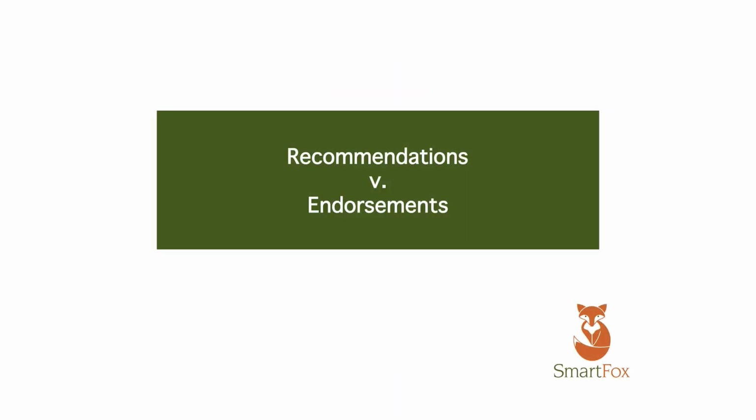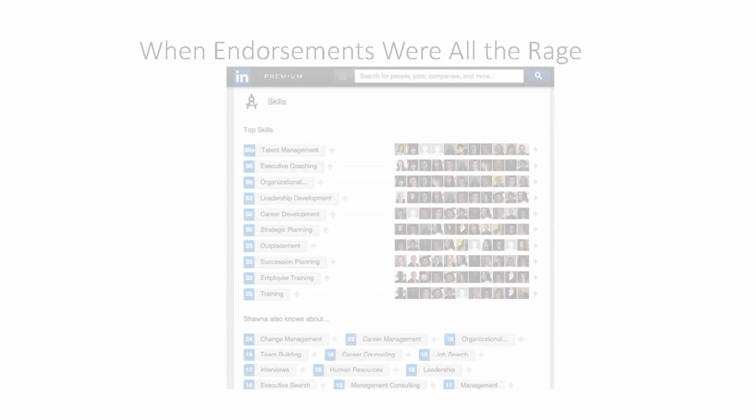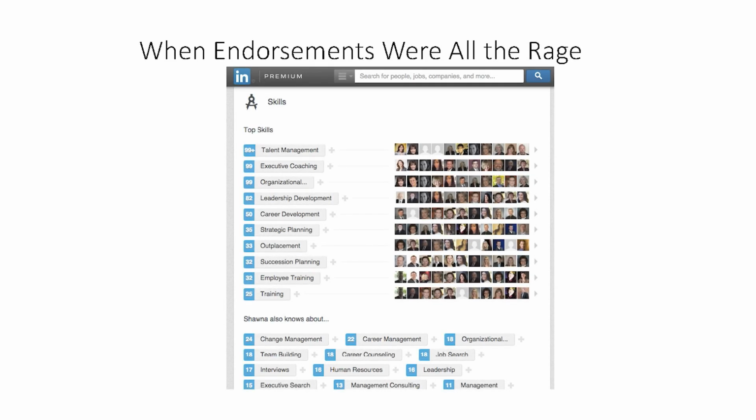So recommendations versus endorsements. Do you remember when endorsements were all the rage a couple of years ago? When LinkedIn came out first, every time you opened up LinkedIn, you would either be asked to give somebody an endorsement for a certain skill, or you would have received one in return from somebody else. Endorsements weren't really that genuine, because you could endorse anybody for any skill and you don't necessarily ever have met them in the past, but yet you're still saying that they're great at talent management.